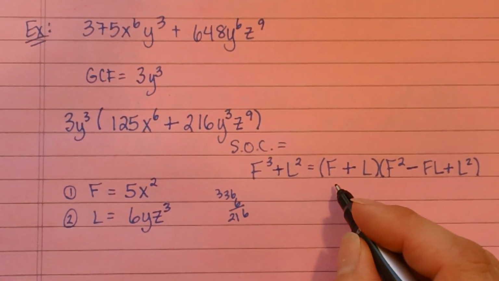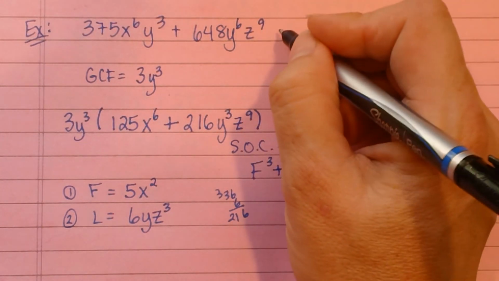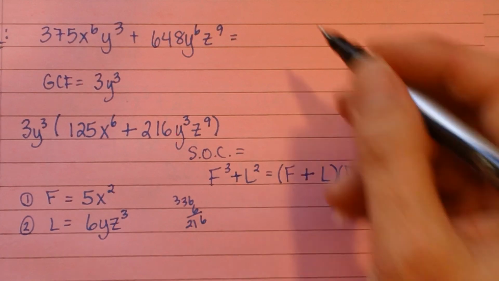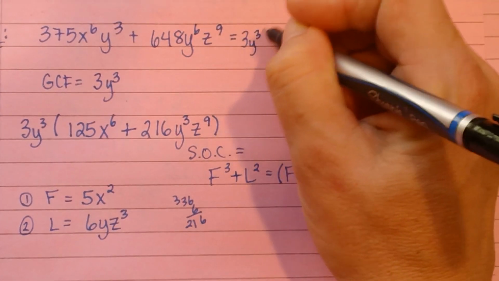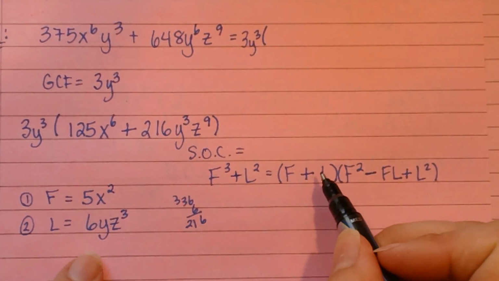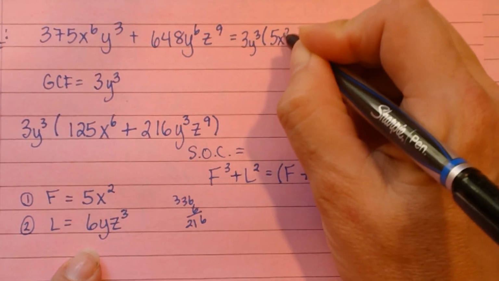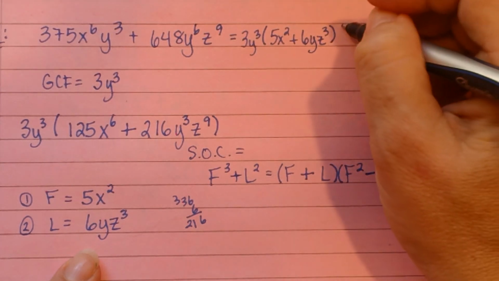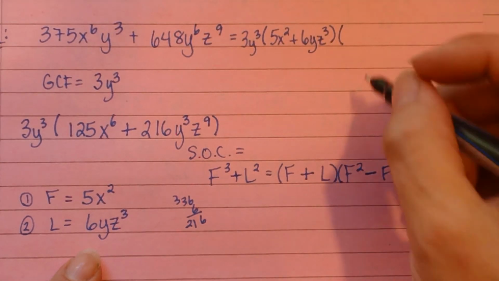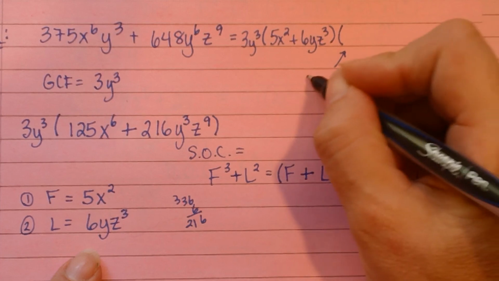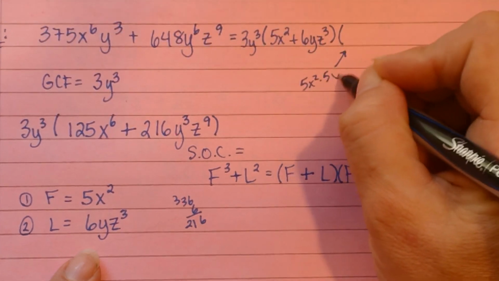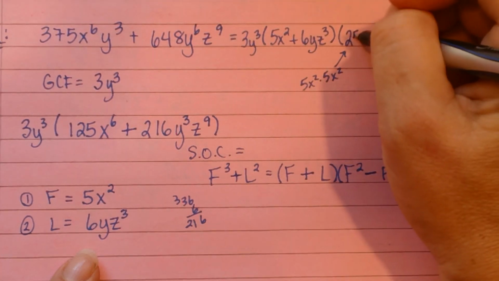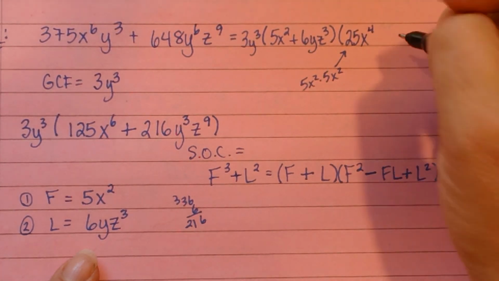Then I just have to start filling that in. So this is going to factor into my greatest common factor, which was 3y cubed, times F plus L, so 5x squared plus 6yz cubed, times F squared, which is going to be 5x squared times 5x squared, which will be 25x to the 4th.